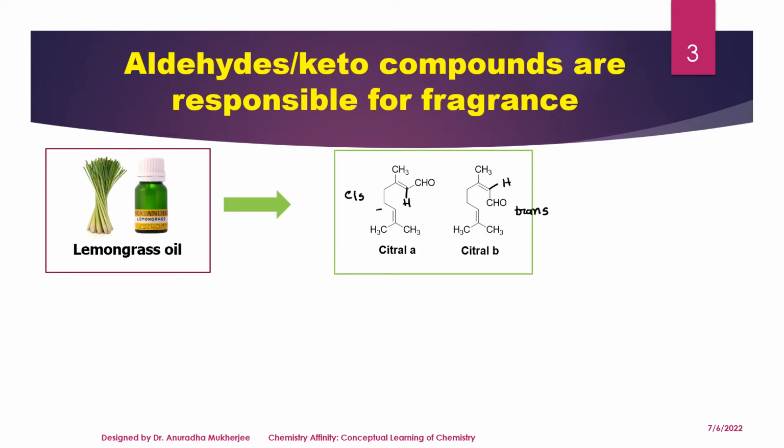Here in the bottom also we can see an alkene. In both citral A and citral B, this side is cis. But at the upper portion, citral A has a cis configuration and citral B has a trans configuration. So citral A and citral B are the major components responsible for all these kinds of medicinal properties.